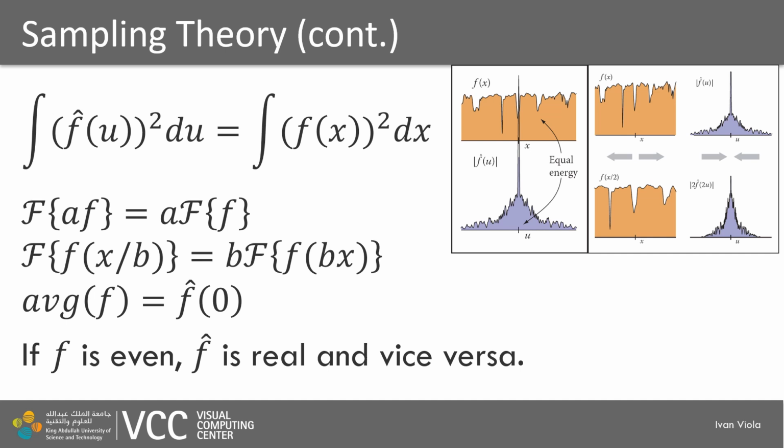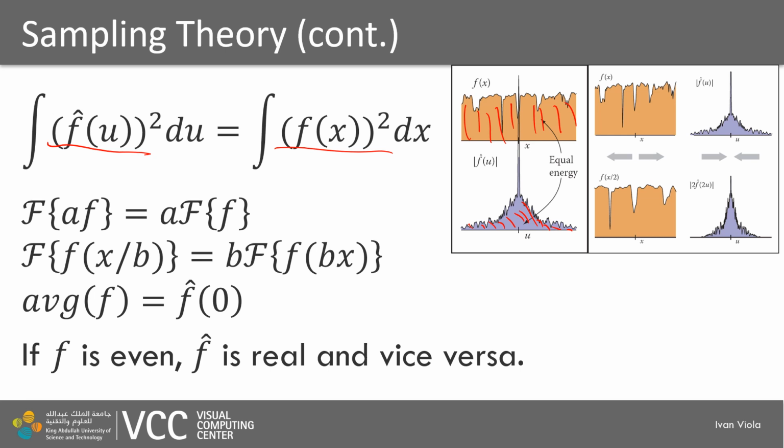For example, the square of our Fourier representation and its sum, and the square of our functional representation and its integral, are the same, meaning that these two areas in this image have the same integral, and so they have equal energy.